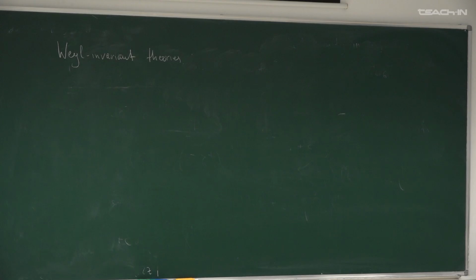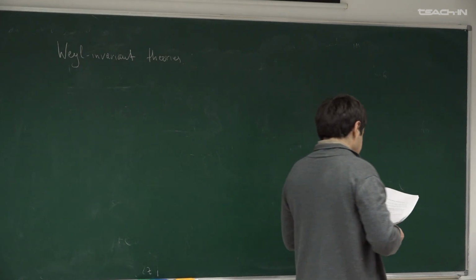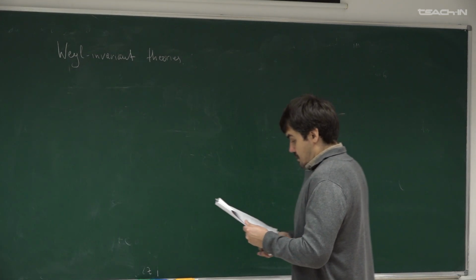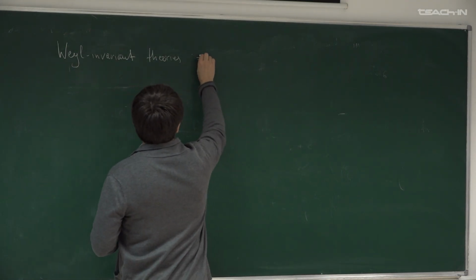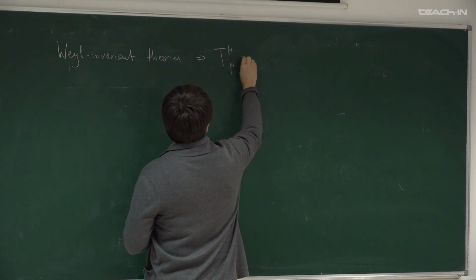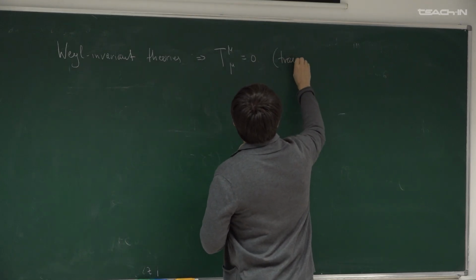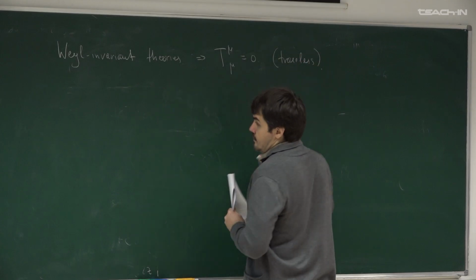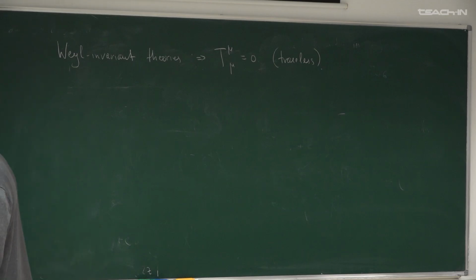We have a theory in flat space, but then we couple it to a metric in such a way that it's Weyl invariant, if we can do that. In that case, as we showed before, the trace of the energy momentum tensor is 0. So it's traceless. So in this case we can relax this requirement that it be a Killing vector.